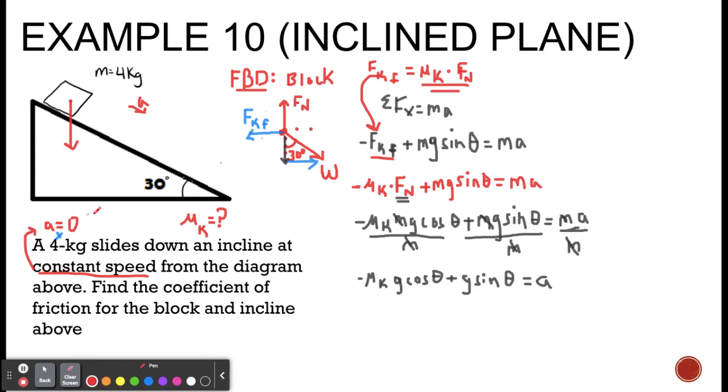If you remember back to the beginning of the problem, acceleration in the x direction is a big fat 0, so this is going to be equal to 0. To solve for mu, we're going to add it to the other side of the equation. So we have g sine of theta is equal to mu times the cosine of theta times g. Last step, to simplify, we can divide both sides of the equation by g cosine theta. You'll notice that the g's will cancel out.